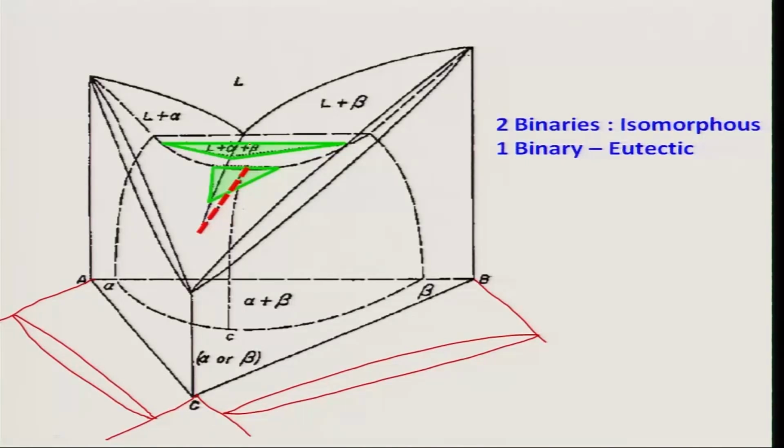We will discuss more about that later. So, this is the first type of 3-phase equilibrium system we can discuss. Please remember that the first ternary phase diagram I discussed with you in detail is basically an isomorphous system, in which all the binaries between A and B, B and C and C and A are basically isomorphous type of phase diagrams.